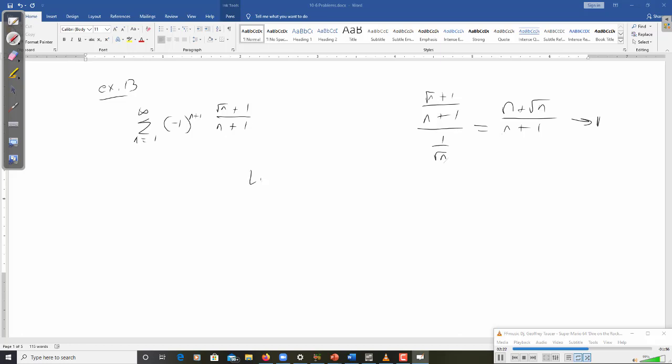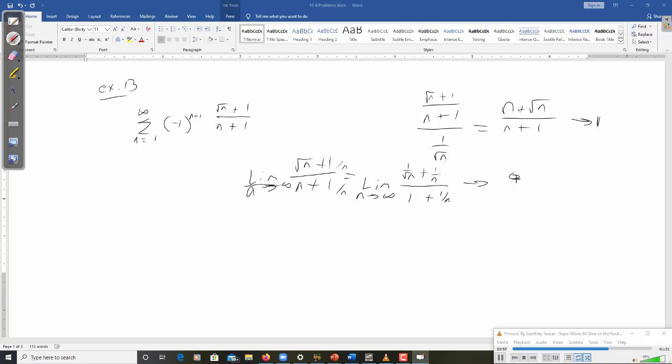Because if you look at the limit as n goes to infinity of square root of n plus 1 over n plus 1, certainly these are all positive, that's trivial. But they do actually go to 0, because if you divide top and bottom by n, the highest power in the denominator, you'll get 1 over square root n plus 1 over n, and then 1 plus 1 over n.